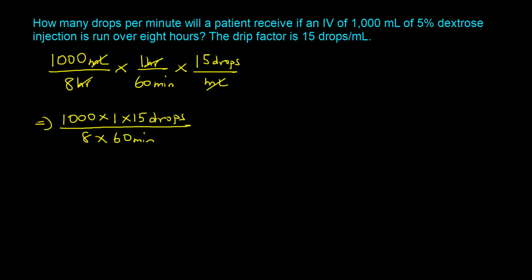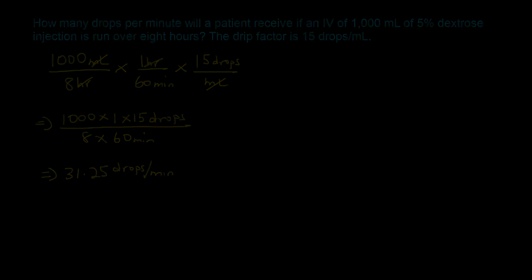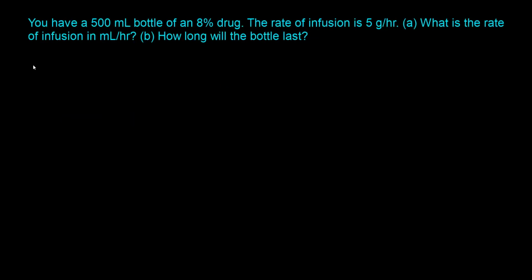So the units are now drops per minute. And if we multiply everything in the top and divide by everything in the denominator, we end up with 31.25 drops per minute.